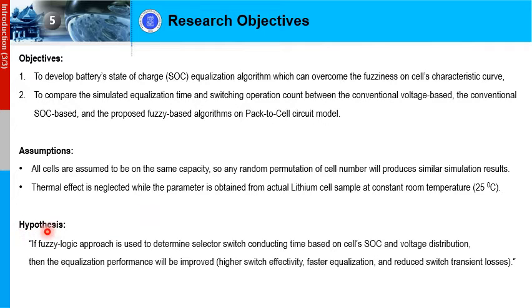We want to test our hypothesis whether the fuzzy logic approach on the proposed algorithm can successfully improve the equalization performance, such as switch effectivity, equalization speed, and switch transient losses.